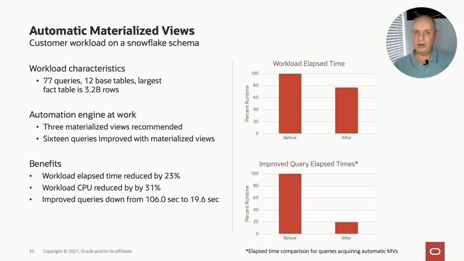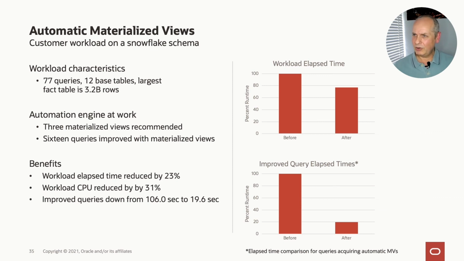The automation recommended 3 materialized views. That doesn't sound like a lot, but if you're smart about which ones you create, they can affect a large number of queries, relatively speaking. So in this case, you have 3 materialized views improving 16 queries overall.